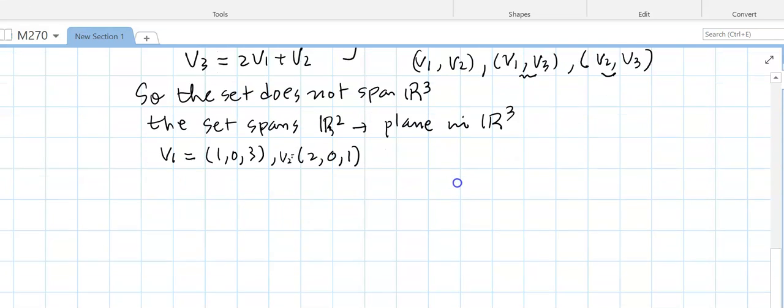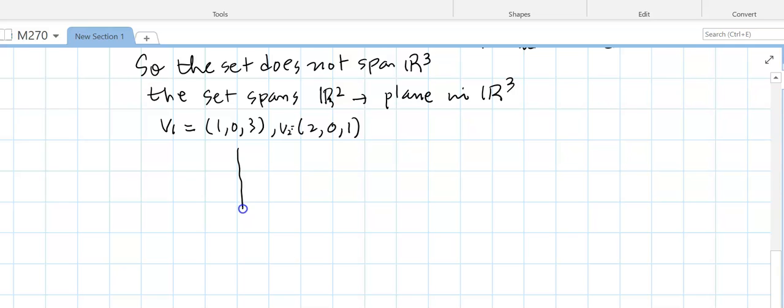So what do these two span? If I draw a little picture, (1, 0, 3) is like this vector, and (2, 0, -1) is this one, and they span this plane.